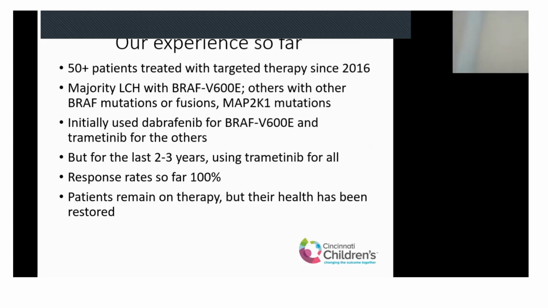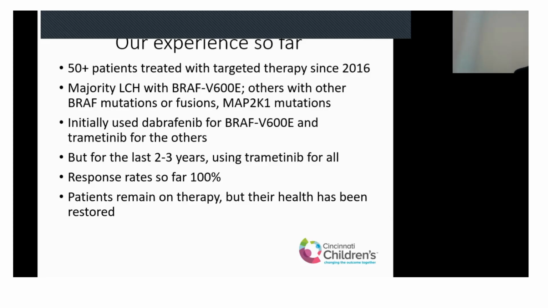So in the last 5 or 6 years, we have now treated 50 plus patients, most of whom are children. The majority of them have LCH because that's what we see. The majority have the BRAF V600E mutation because that is the most common mutation. All the others have either a different BRAF mutation, like the example I showed you, or other mutations in MAP2K1.